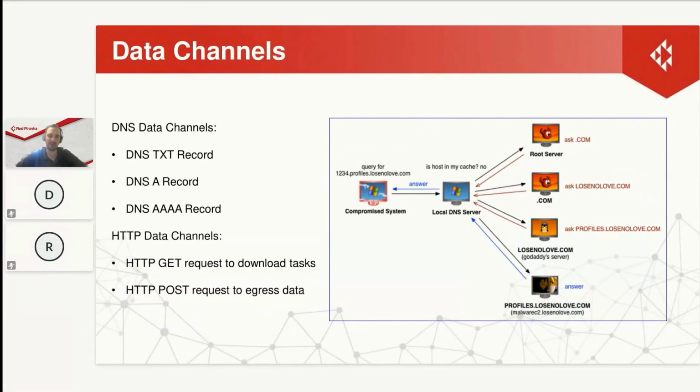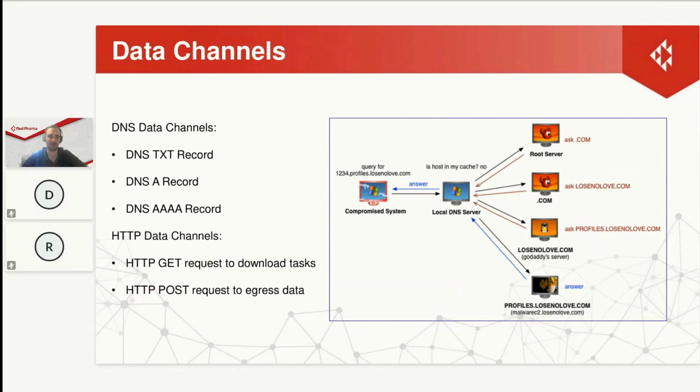Obviously the main idea of Cobalt Strike is to be able to infiltrate and exfiltrate data out of the network, like a communication network. There are a couple of ways they can do it depending on the beacon type. If you use a DNS beacon, you can infiltrate and exfiltrate data using DNS records.